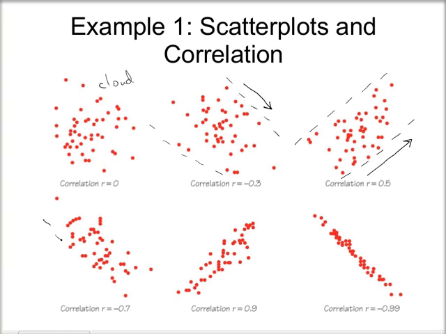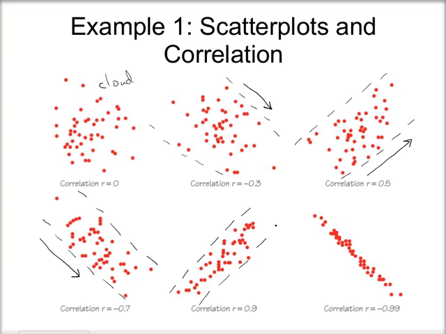Now my correlation is getting even stronger, but in this graph on the lower left, we've also got a negative correlation, so the strip that my points are in is getting narrower and narrower, and in this one, the points go down as I go to the right. And in the bottom middle picture, my points get even more close to a line.